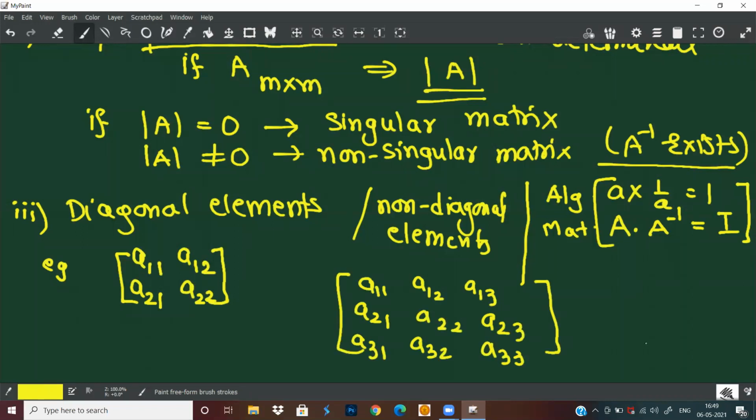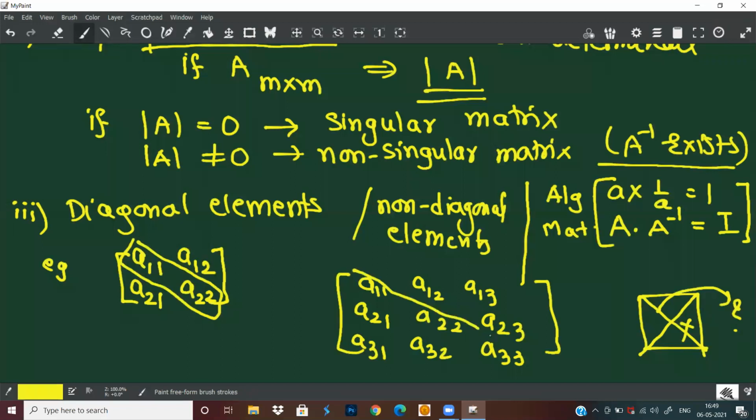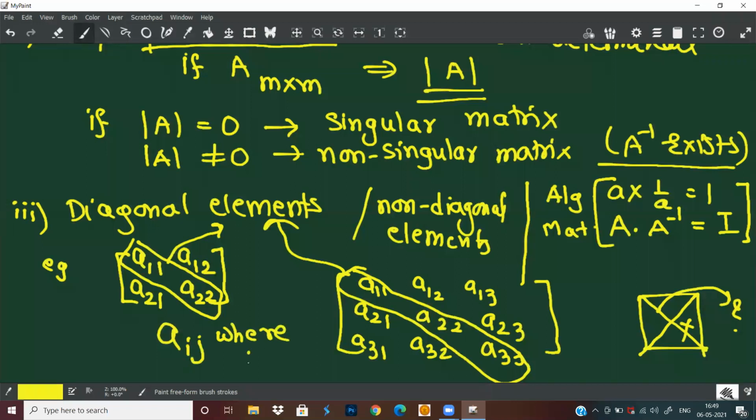अभी आप लोग मुझे बोलोगे जो square रहता है उसको geometry में दो diagonals रहते हैं, फिर diagonal elements यही क्यों और ये क्यों नहीं? Because see here, if I mark these, यही diagonal elements हैं क्योंकि ये elements हैं Aij where i is equal to j, है कि नहीं? देखो A11, A22, A33, A44.